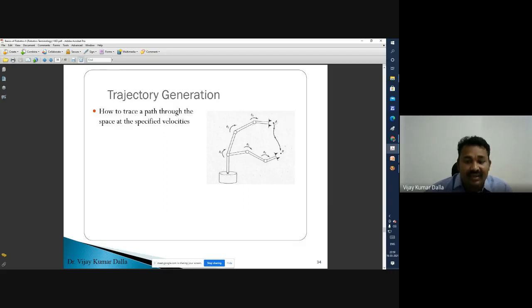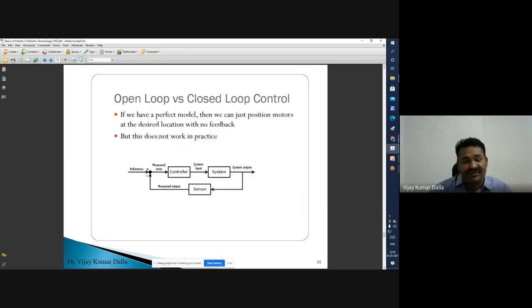There may be point to point motion or continuous motion. If an intermediate path is required, then we need to carefully track the given time-dependent path, that is, how to trace a path through space at the specified velocities.